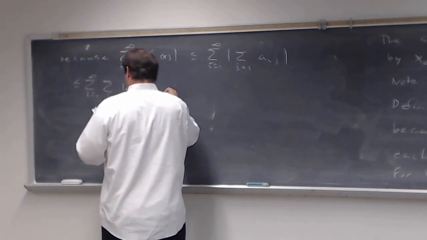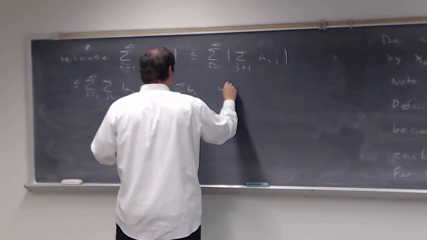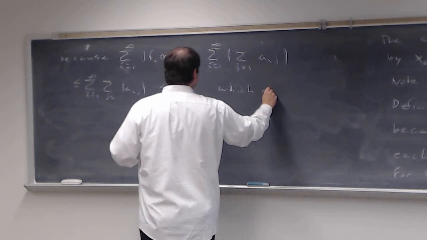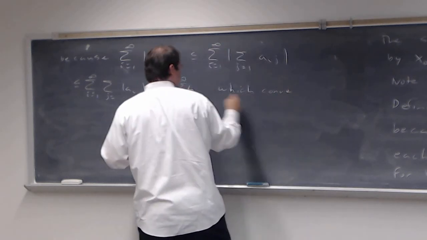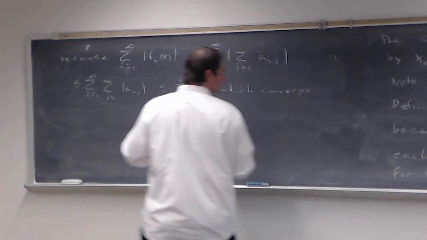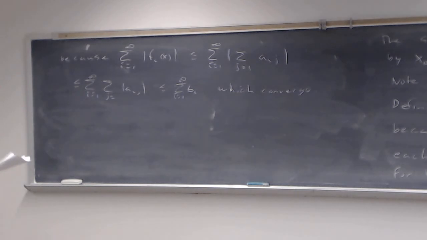Remember, this is equal to the b sub i's, so this is less than or equal to the sum of the b sub i's, which converge. So that is absolutely convergent, so that's why g of x is well defined.